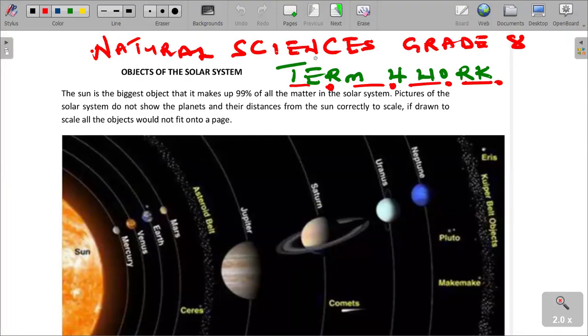Basically, the objects of the solar system include the sun, the 8 planets that we mentioned in the previous presentation, the moons, the dwarf planets like Pluto, which we identified as also part of it, the asteroids, the comets and other small bodies.